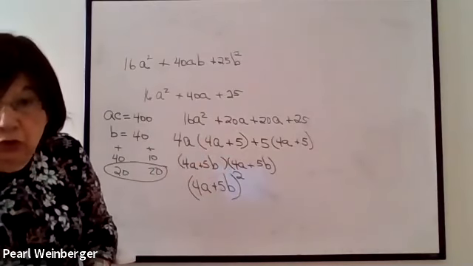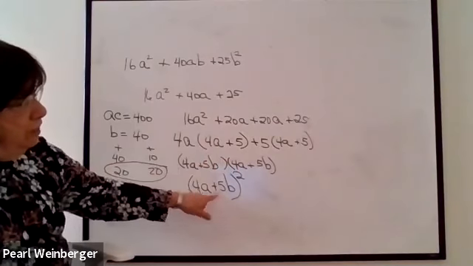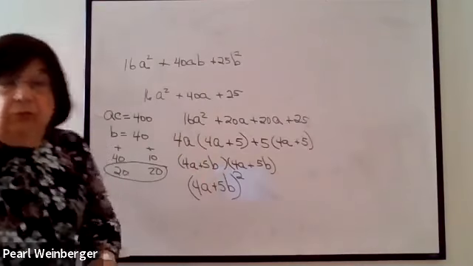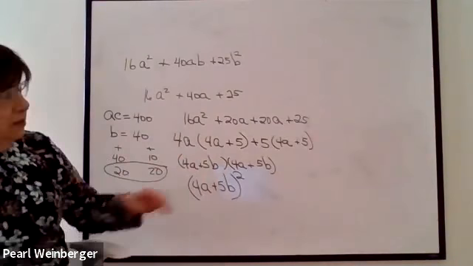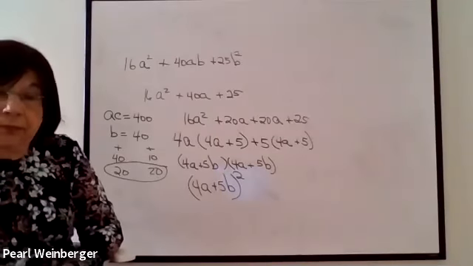I would assume on a multiple choice test, this would be the answer they would give you as opposed to the other. They want to give you both because both are correct. This is just a more elegant way of writing the answer.